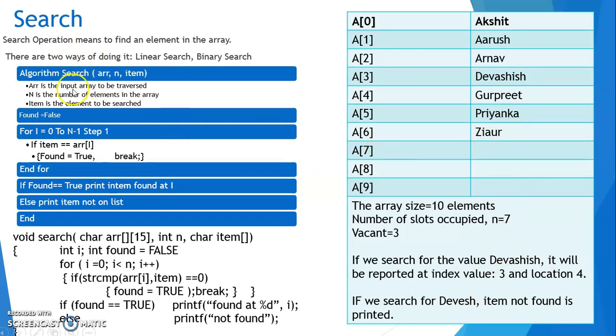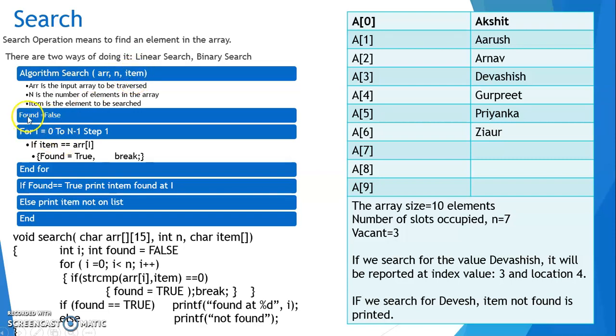Now in order to perform this, we have the algorithm with us and the C program also. First, let us look at the algorithm. In the algorithm, we will pass the array ARR in which all the items are stored, the number of elements which are occupied in the array, not the size but the number of elements present, and the item to be searched.